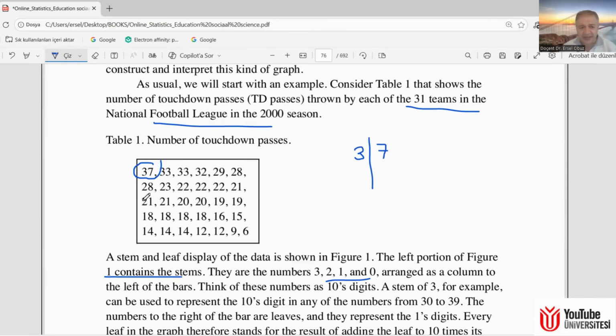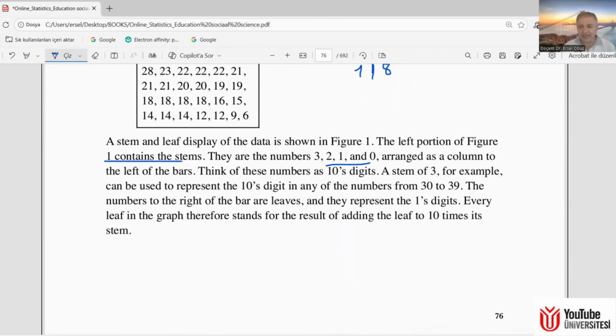When you have 21, you put 2 and 1 here. When you have 18, you put 1 and 8 here. So you have a stem part, and you have the leaf part. That's why it's called a stem and leaf display. Let's see how they did it.